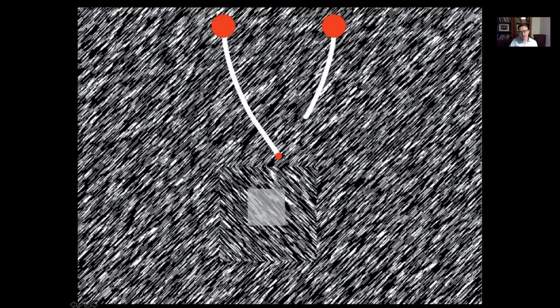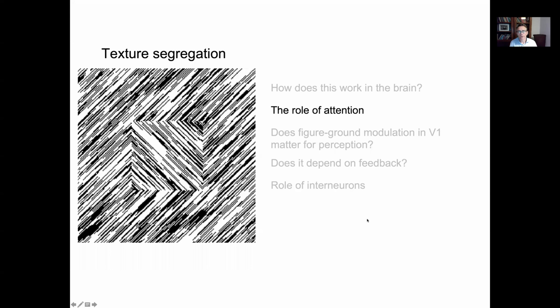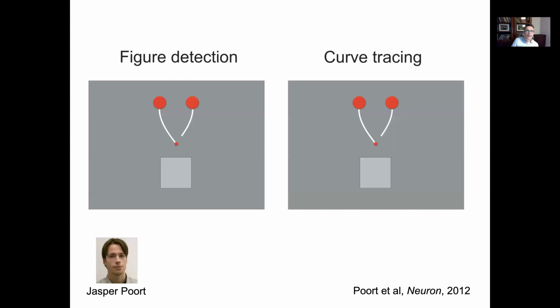But on other days, they could completely ignore the figure, because now they were supposed to make an eye movement to a larger red circle that had been connected by a curve. Okay. So the prediction is that if the animal is attending, then this region filling should be not so strong. Okay. And so on figure detection days, once more, the animal was supposed to make an eye movement to the center of the figure.